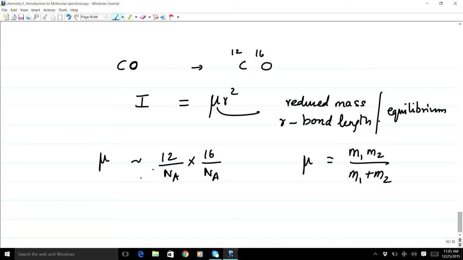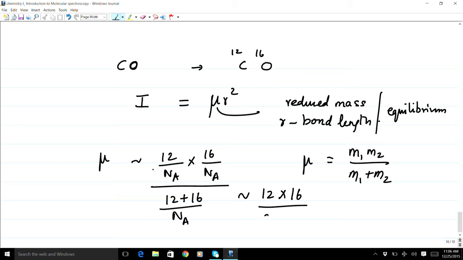So, in this case, mu is given by 12 into 16 divided by 28 times the Avogadro number.